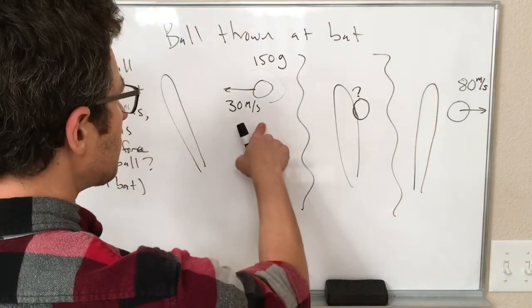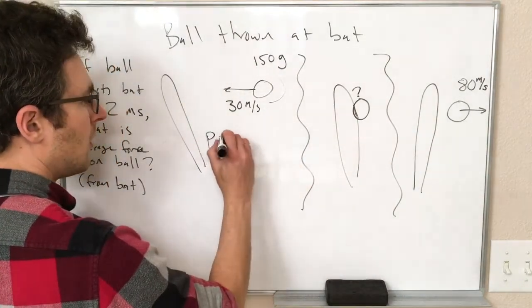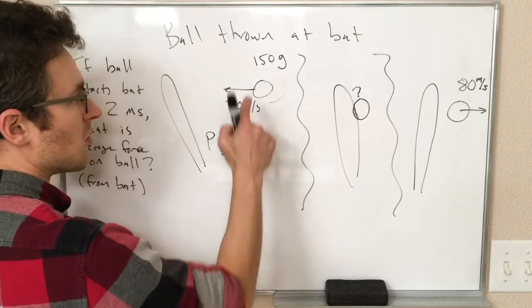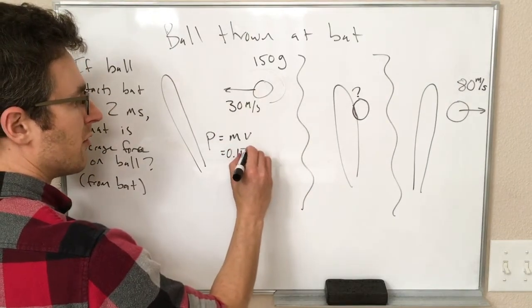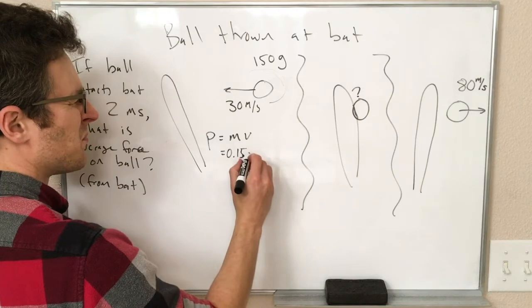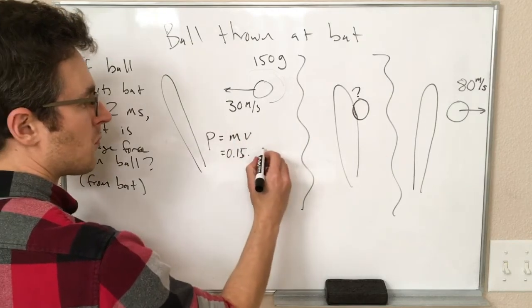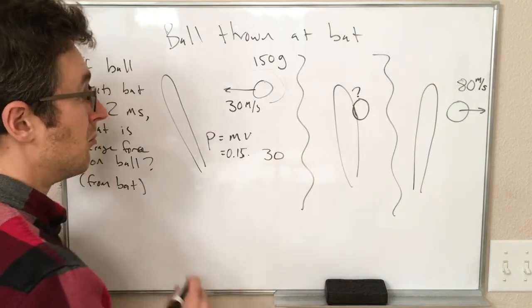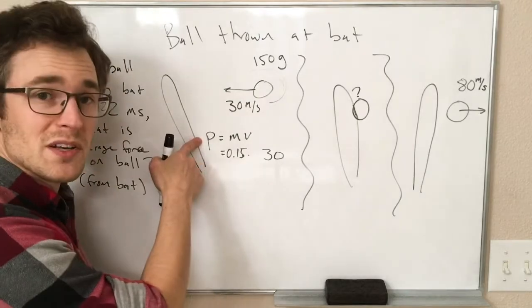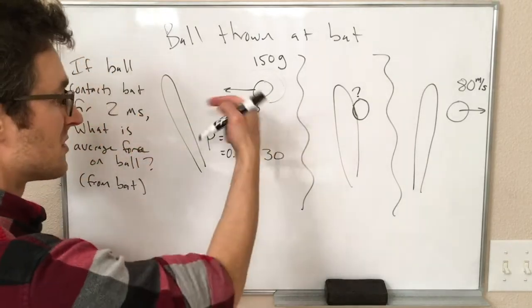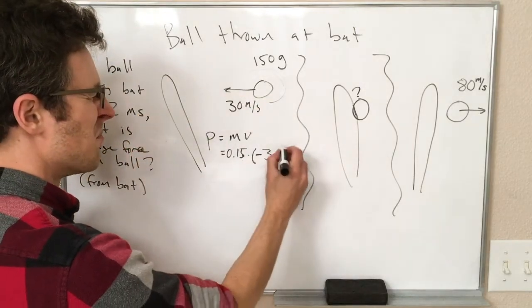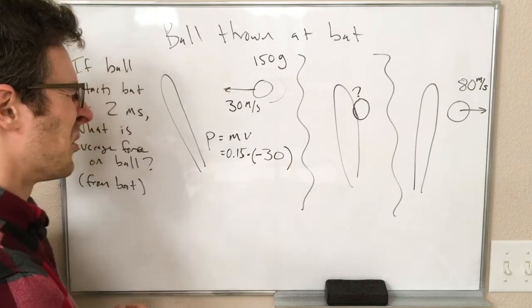Okay, so our momentum here, mv, so our mass is 0.15 kilograms times our velocity, 30 meters per second, but this is momentum. It has a direction. Our momentum is to the left, so this is minus 30. That is important.